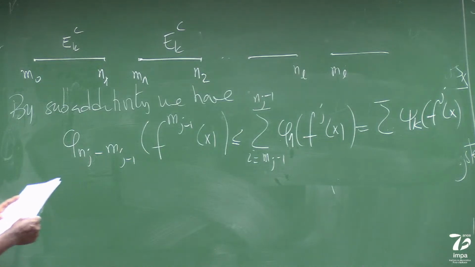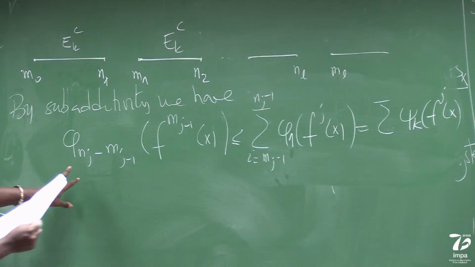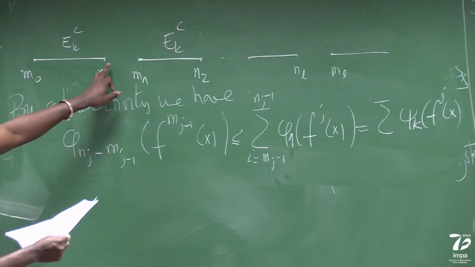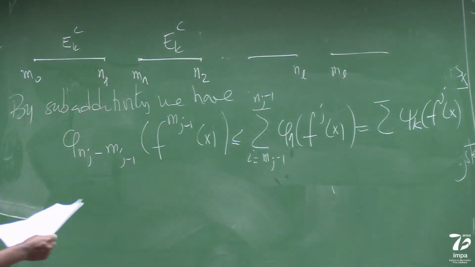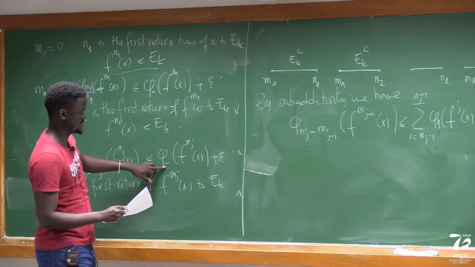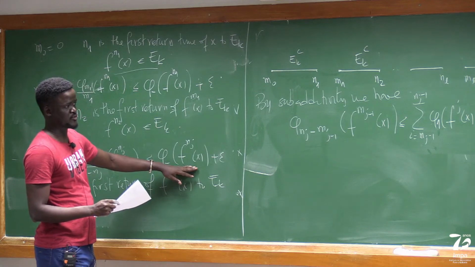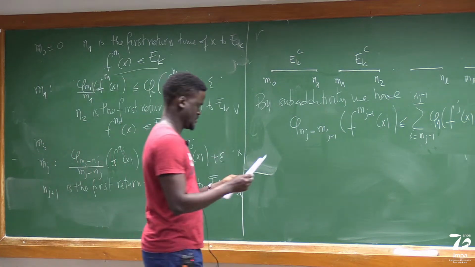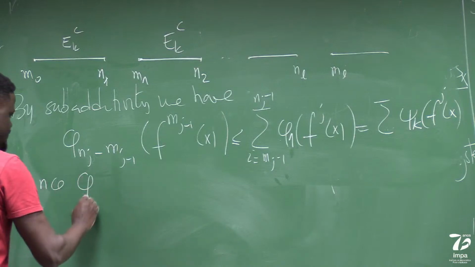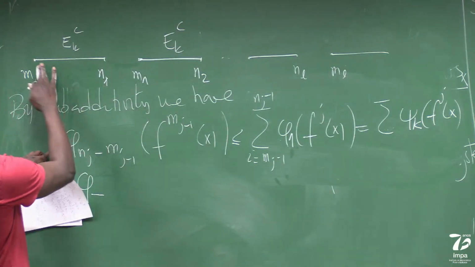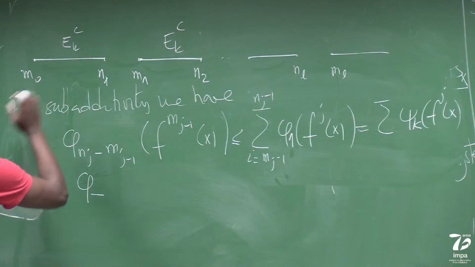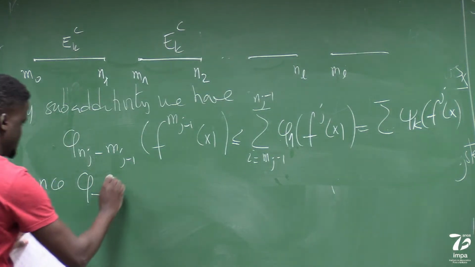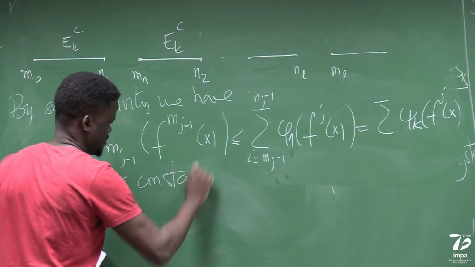And here what you do now, you see that this is in this part. So in this part we also have to know the estimate we use here. Here we should use the fact that phi minus is constant along an orbit, because of the definition. So this estimate is treating these steps. To know the estimate in the gap, we use phi minus, which is constant along the orbit.